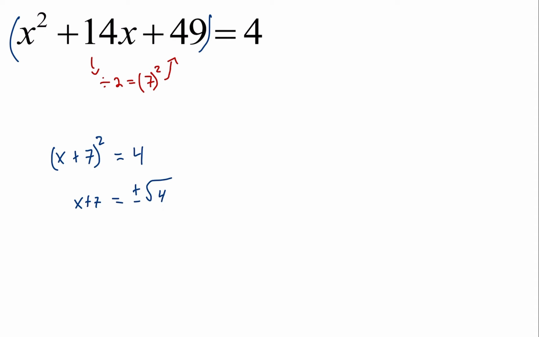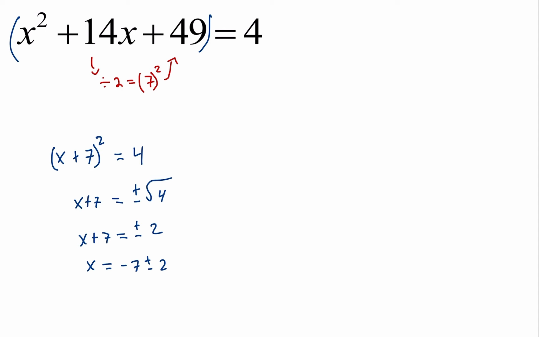And then the square root of 4 is just 2, so that means we've got x plus 7 equals plus or minus 2. And now to get x all by itself, we move 7 over, so we go minus 7 on both sides. X equals negative 7 plus or minus 2.